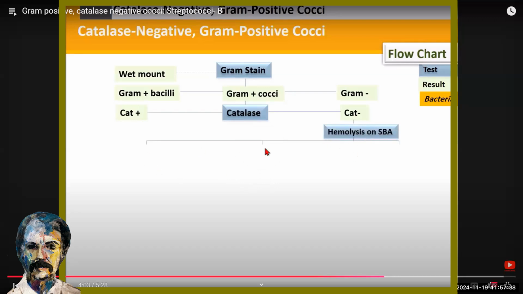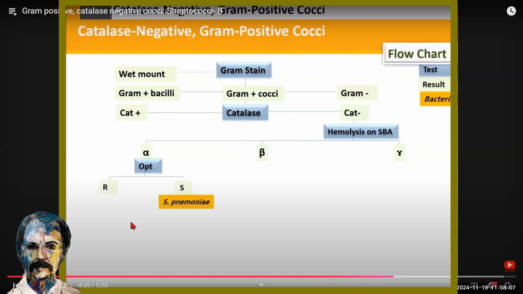So we have, as we said, hemolysis on sheep blood agar. We have 3 patterns here: alpha, beta, gamma. If we talk about alpha, then we have a test which we call the optochin test. It's a disc like bacitracin. We will have a lab on this also. Optochin disc, it's sensitive or resistant. If it's sensitive, then this is going to be S. pneumoniae.